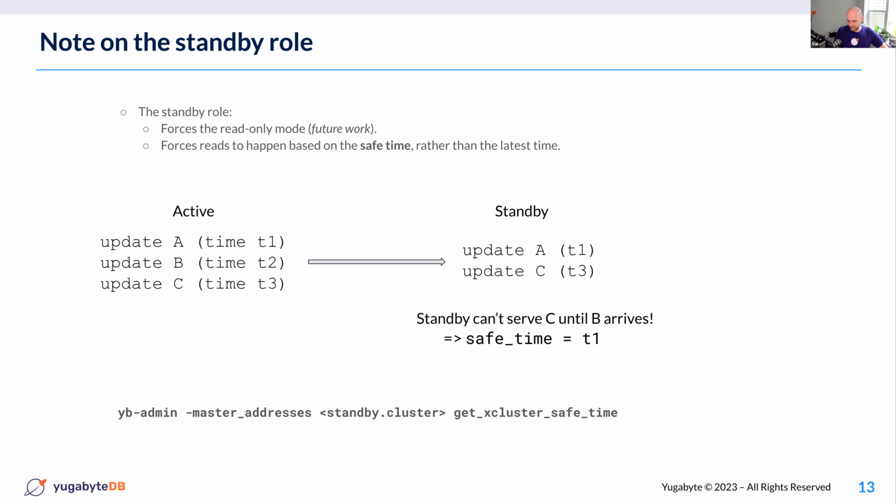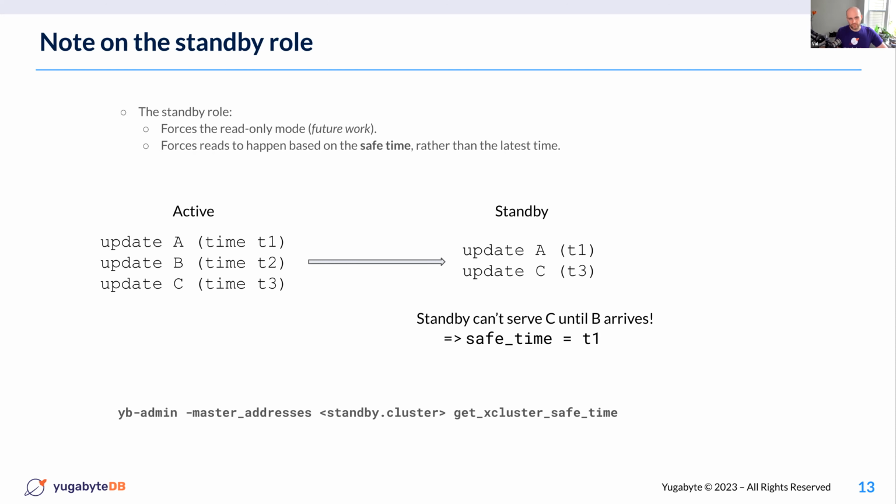It's currently not implemented, so in the current implementation it will actually accept updates. But in the future, the standby cluster will be read-only, meaning that you cannot do updates there. So we enforce this active-passive replication. And the second thing is a little bit more technical. It's about what we call safe time.